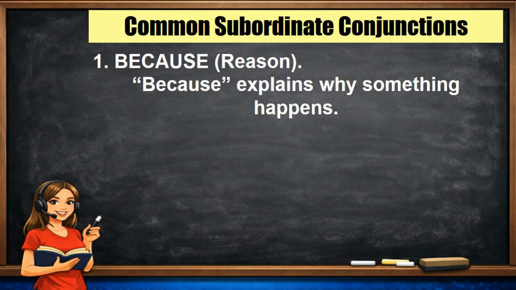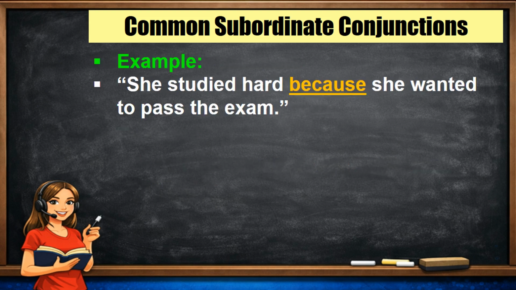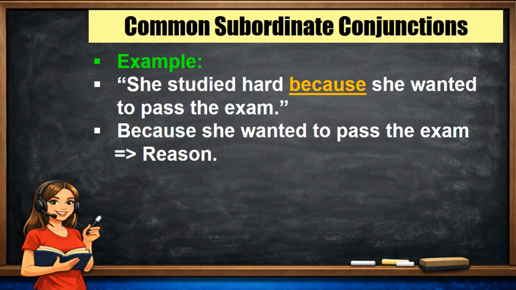1. Because, reason. Because explains why something happens. Example, I was late because the traffic was terrible. Reason, terrible traffic. Another example, she studied hard because she wanted to pass the exam. Why did she study hard? Because she wanted to pass the exam.